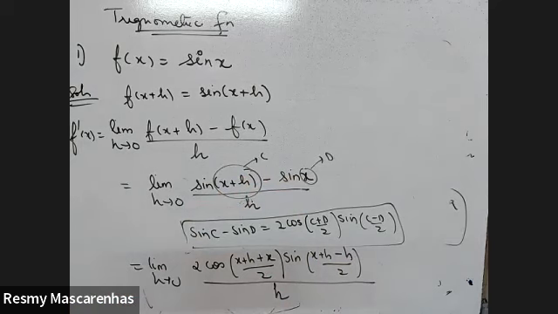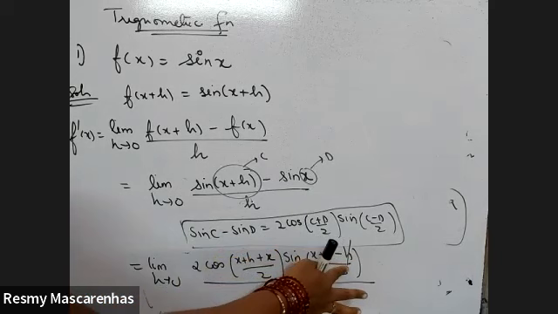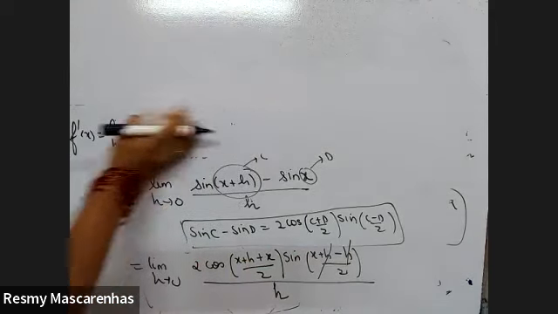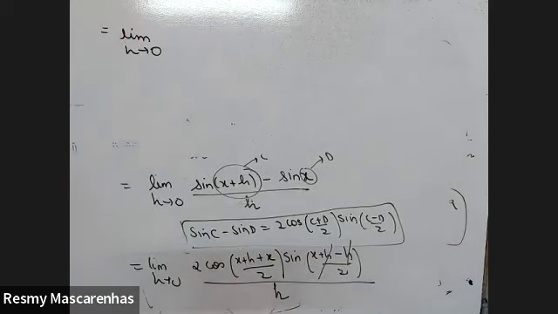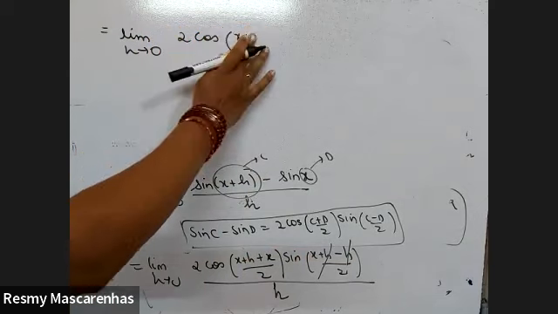X plus h is like c and x is d. h and h will cancel. So what we'll get is 2, x plus x is 2x.